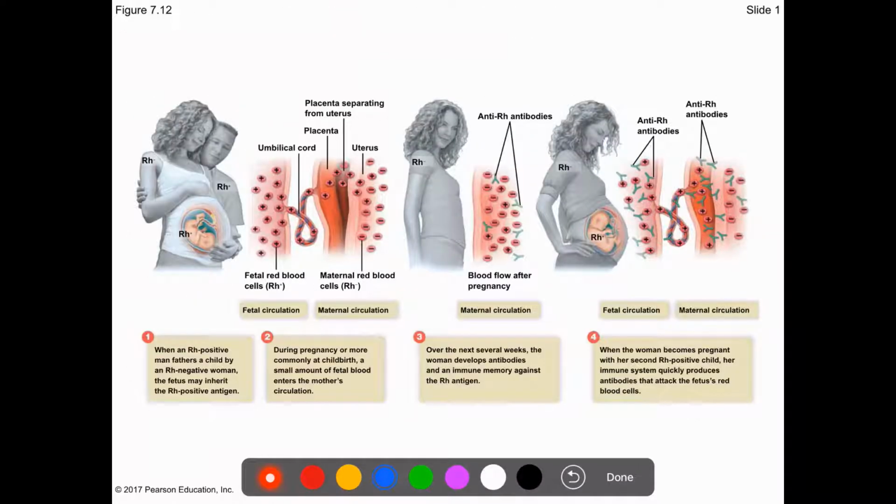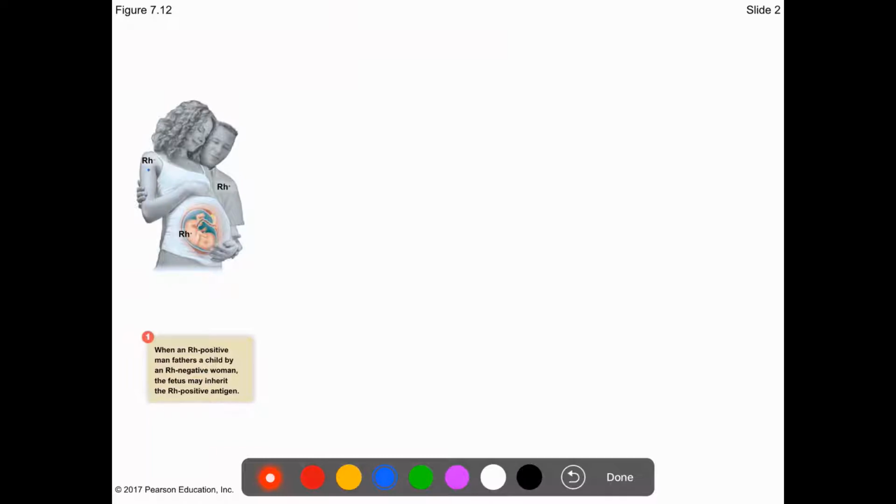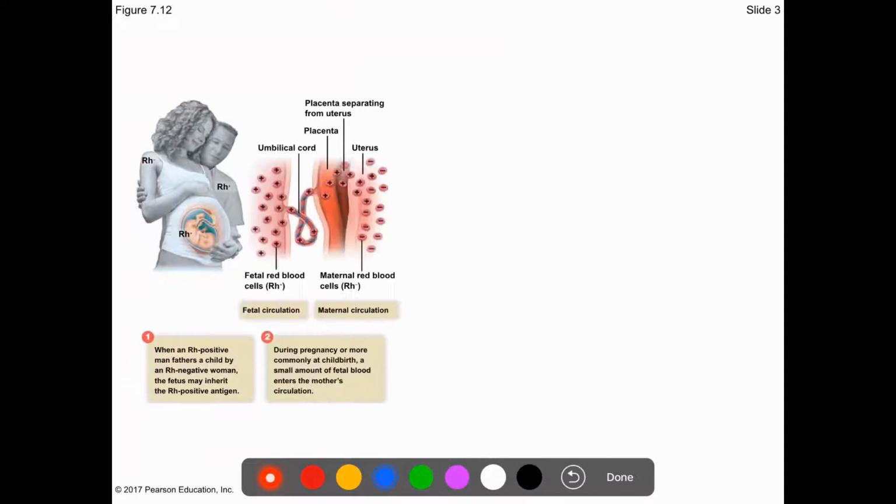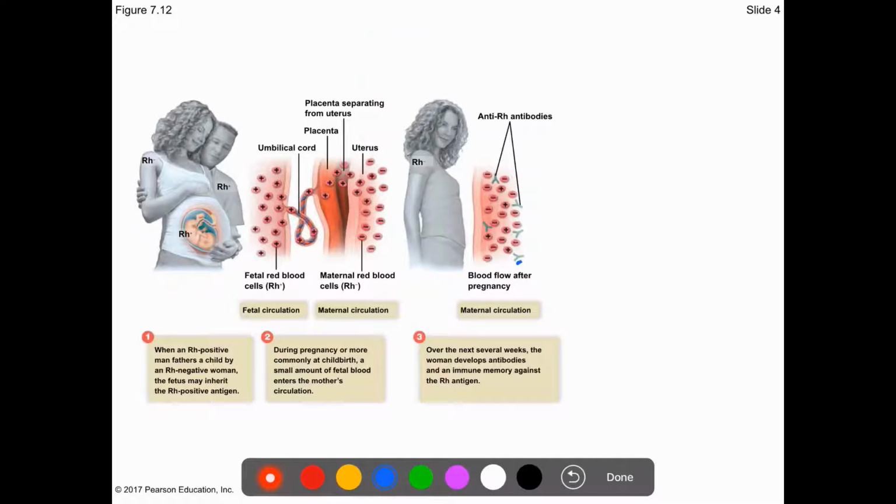What will happen is that some of the fetal red blood cells, some of the baby's red blood cells, would transfer back to the mother, and the mother is Rh negative. Now we have these Rh positive cells. For the mother, yes, these are from her baby, but for the body, these are foreign objects. So her body will react by producing antibodies against the Rh positive cells.